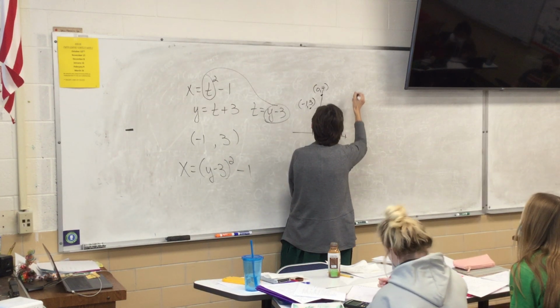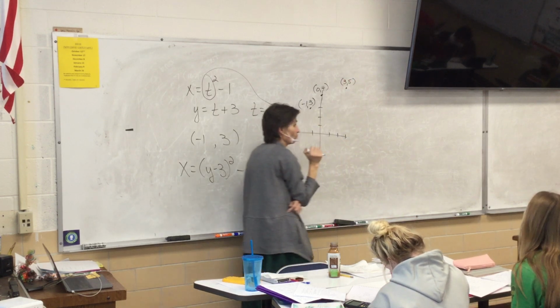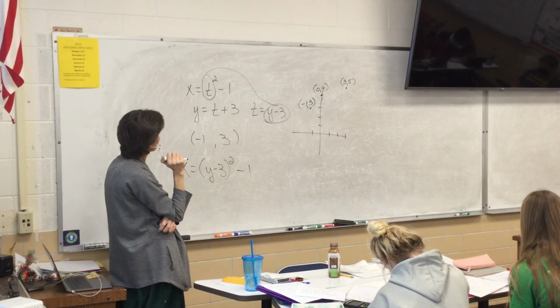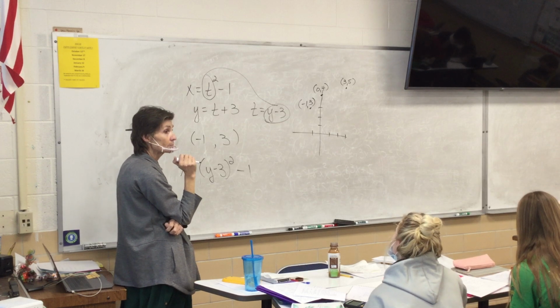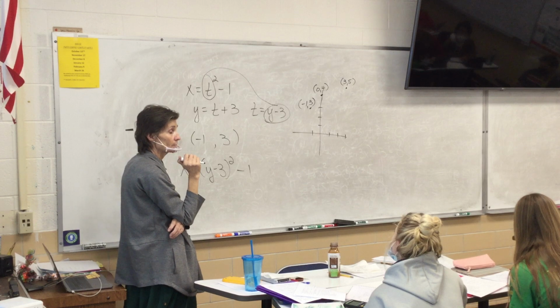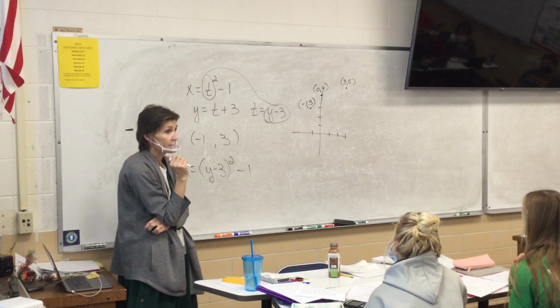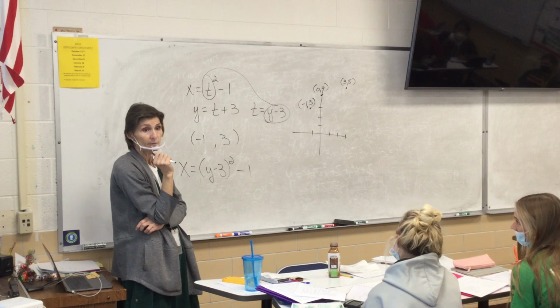So you said 3, 5? All right, let's do -1. What happens if we let T be -1? If you do arithmetic, I'm not doing it for you. Put in -1 for the T's. What do you get? 0 and 2.